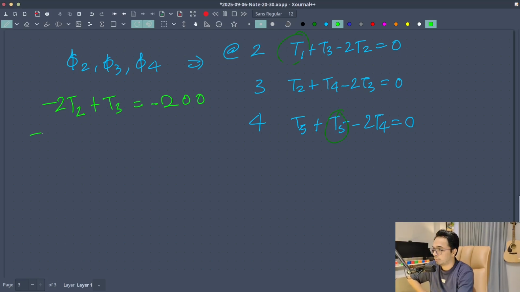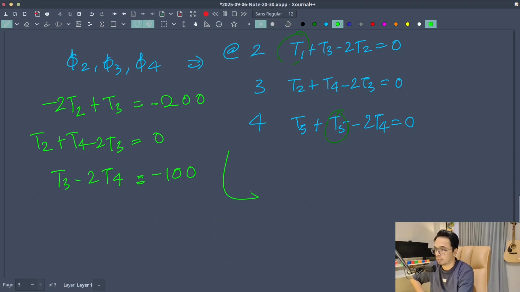Then we have T2 plus T4 minus 2T3 is equal to 0. We have T3 plus T5. Now instead of T5, we can write 100. So we have T3 plus 100, or let me rearrange the terms. So we have T3 minus 2T4 is equal to minus 100.